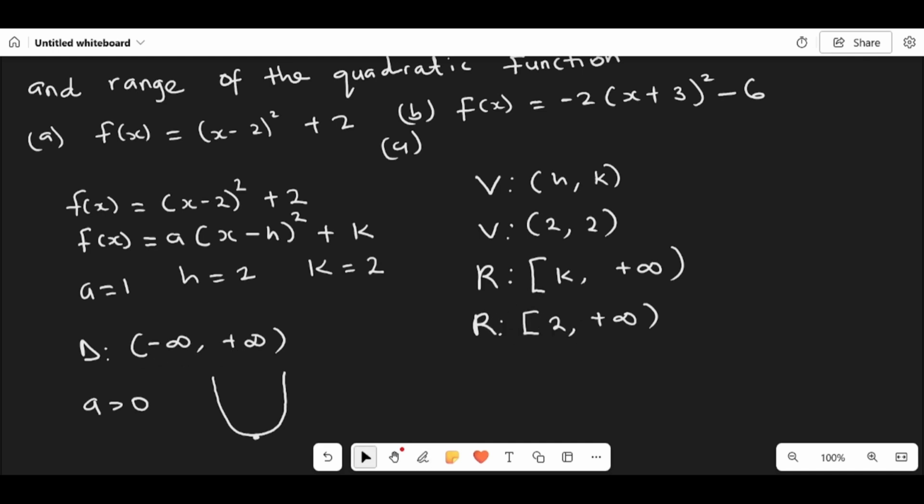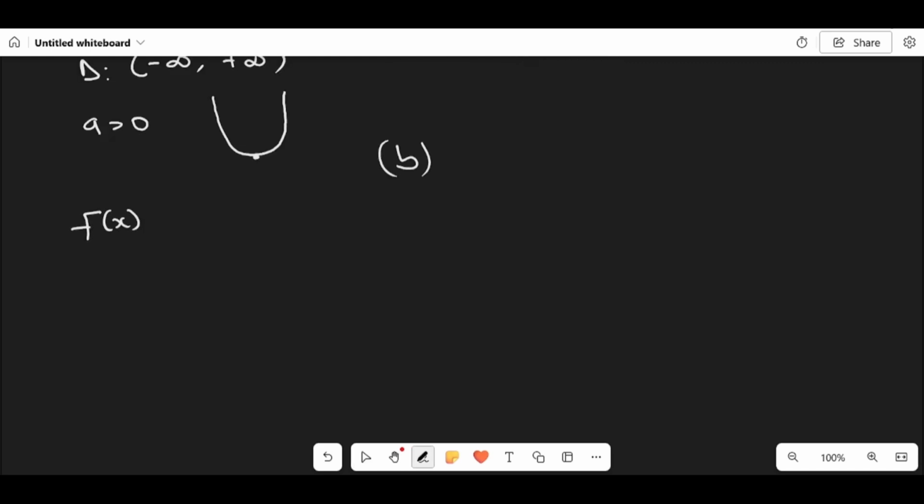Now let us solve for the second question, which is question B. f(x) = -2(x + 3)² - 6.